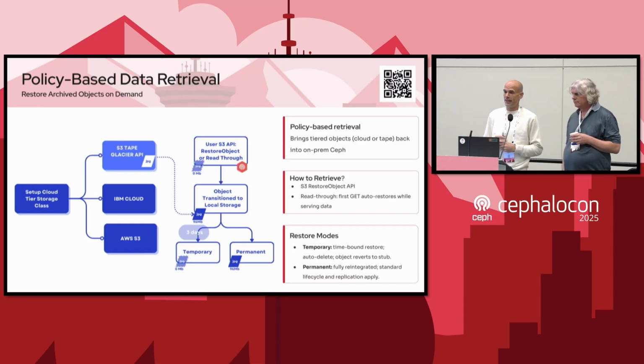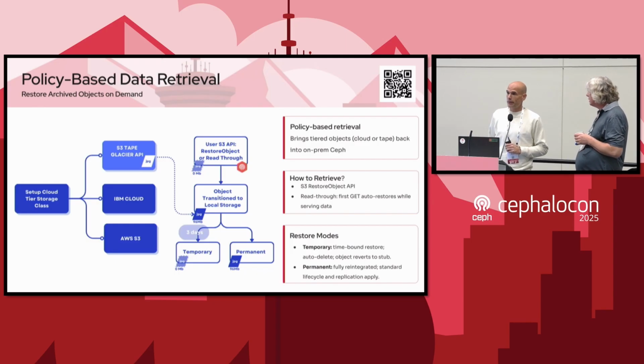So as soon as a client does a GET on the stub object that is in the bucket, it is going to automatically bring it back from the remote endpoint. These restore modes can be temporary or permanent, so you can decide if you want to actually keep that object, or maybe you just bring it back for some reason, for backup or whatever, and then you want to get rid of it.